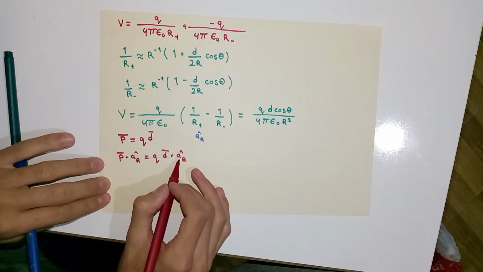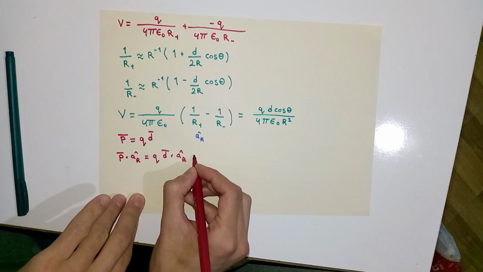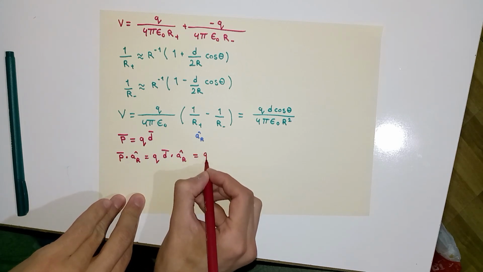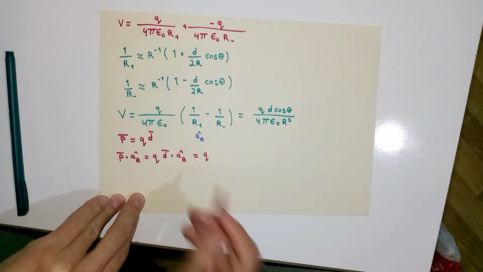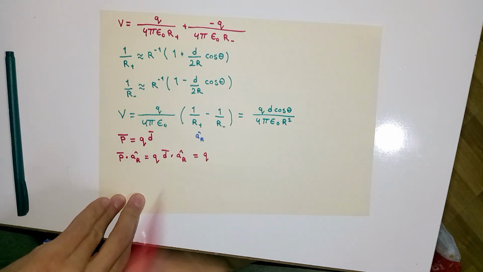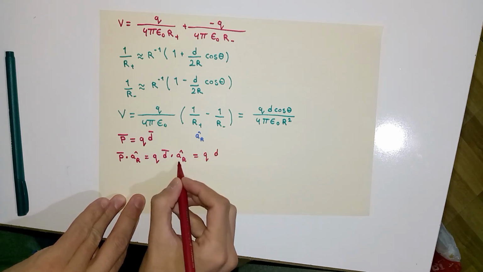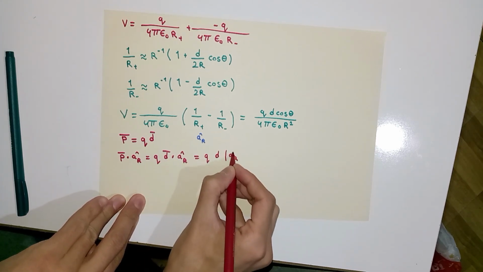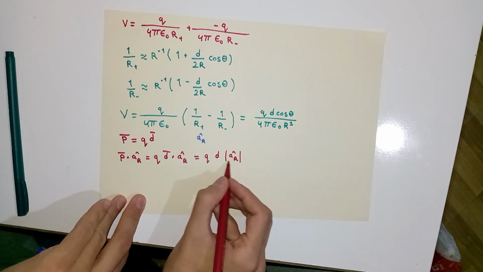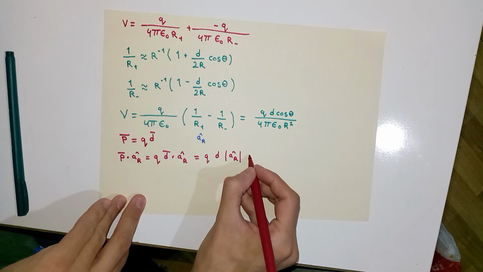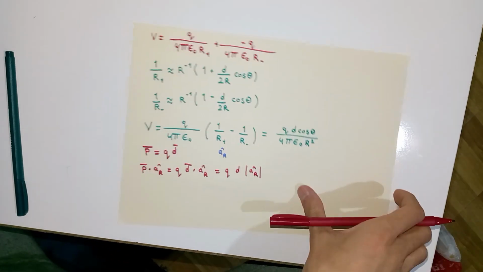Now we are going to apply the dot product on the right hand side, and we will have, we know the dot product is equal to the modulus of this vector, which is d, and the modulus of this vector, which by the way is equal to 1, the modulus of the unit vector is equal to 1, times cosine of the angle between them.